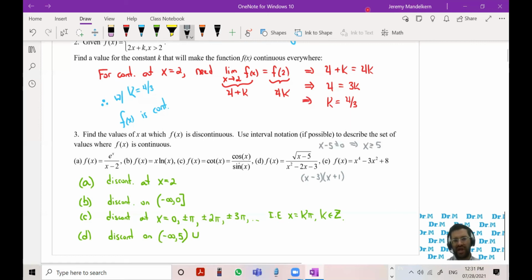So we should say here that x is equal to positive 3 and negative 1 are part of that set of values where we're discontinuous. We cannot permit 0 in the denominator.